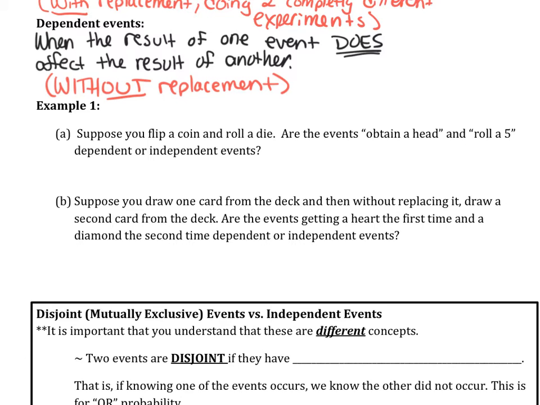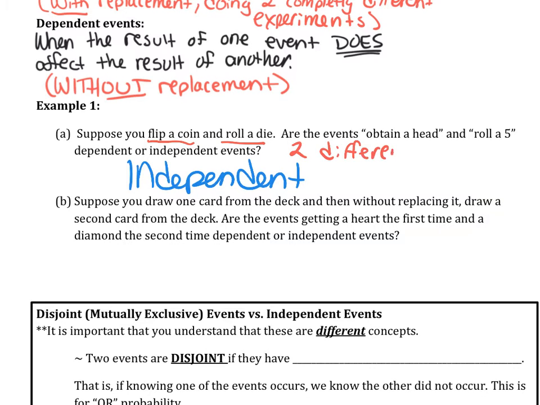No matter what you get on the coin, that's the coin's separate thing. Rolling a die is not going to be affected by that. So that means these would be independent. Independent events because they're just two separate things. We're flipping a coin and rolling a die. Two different experiments.